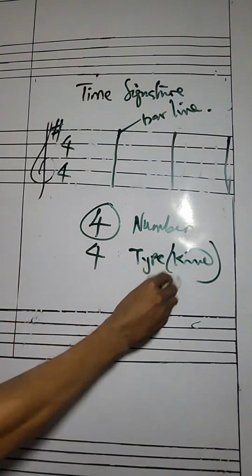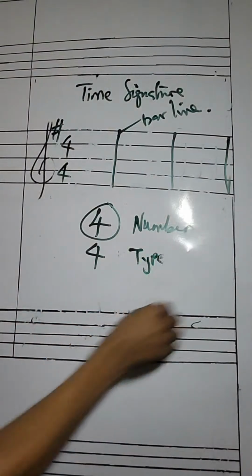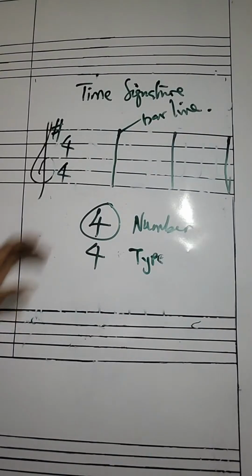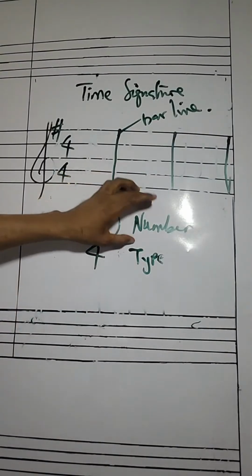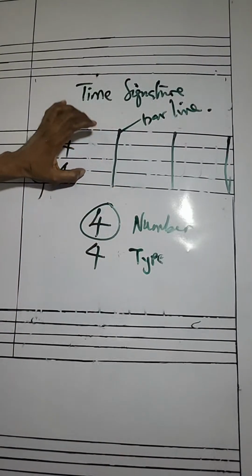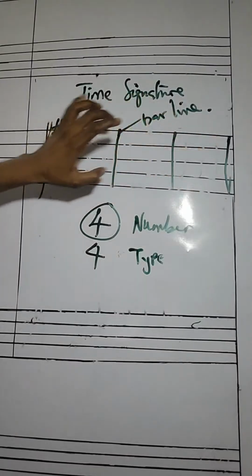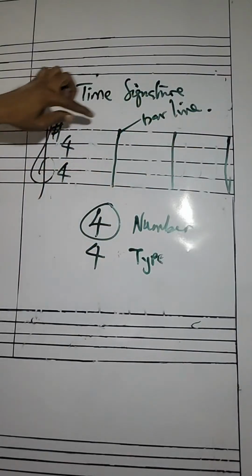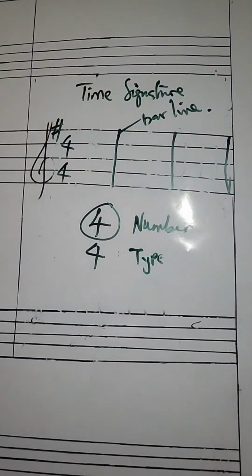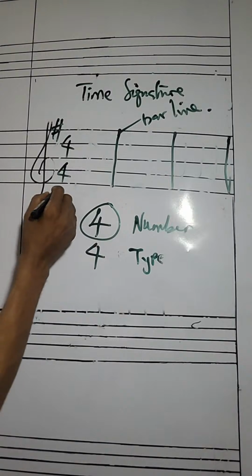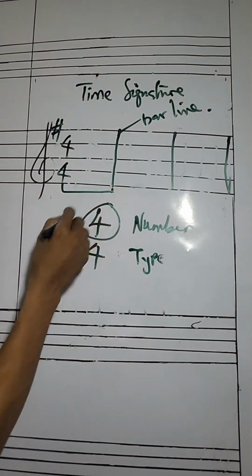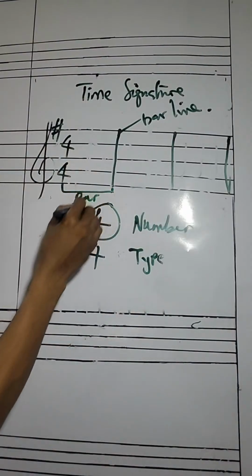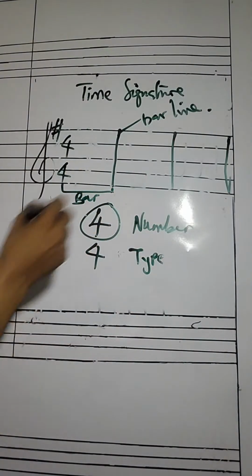So when you see a 4 on top here, they are telling you that there are 4 beats in each of these bars. This is your bar line. The distance from this place to this place is your bar or your measure. So from here to here is a bar, or you can call it a measure.